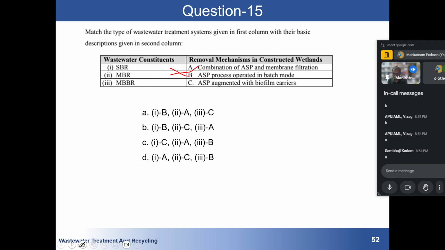Sorry, I said something wrong. Third option is this. Sorry. I was correct. This is 2, 1, and finally this is matching with 3. So yes, A is the correct answer.